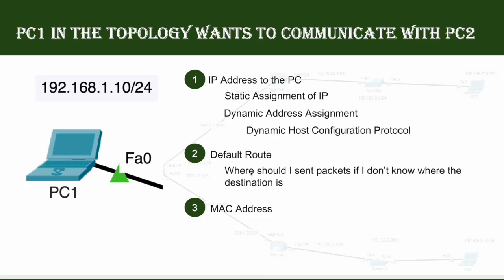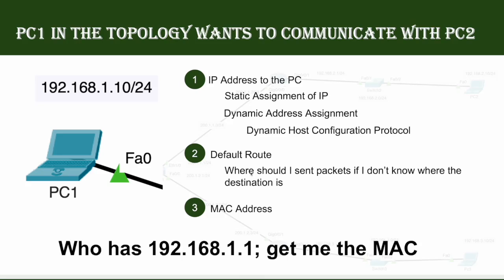As there is a video already where we talk about the data link layer, the only thing the data link layer takes care of is sending the packet from one end to the other end in the same segment. So now what the PC does is send a broadcast message. In the data link layer, it is FFFF, again shown in the video earlier. It asks who actually has this IP address 192.168.1.1.